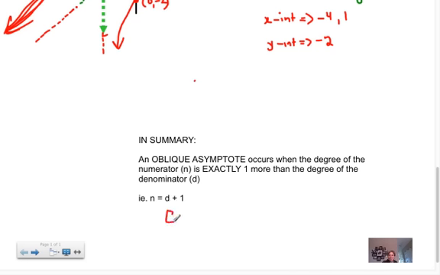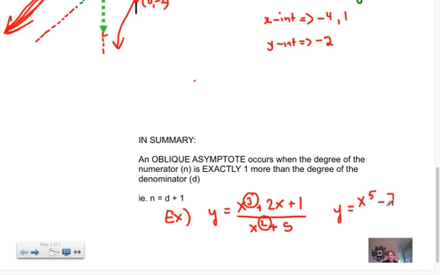So for an example, if I had the function y is equal to x cubed plus 2x plus 1 over x squared plus 5, in this case, because the numerator degree is 1 more than the denominator degree, we would have an oblique asymptote. Okay, or if I have y is equal to x to the 5th minus 7 over x to the 4th, in this case, I'm going to have an oblique asymptote because it's exactly one more. And that's all you need to know about oblique asymptotes.